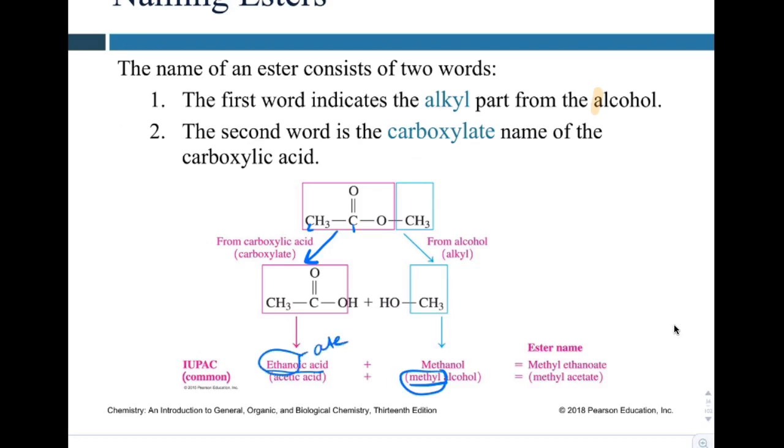But I want to write the alcohol part first, since A comes first. So you're going to say methyl ethanoate. And that's how we name an ester. It's like part of an alcohol and then part of a carboxylic acid, but only the ate part of the carboxylic acid, right? Not the whole acid.